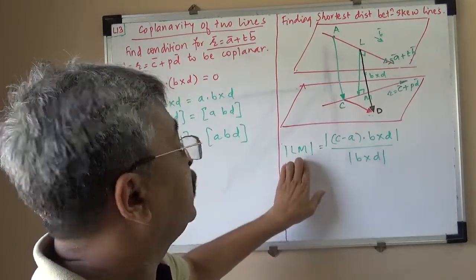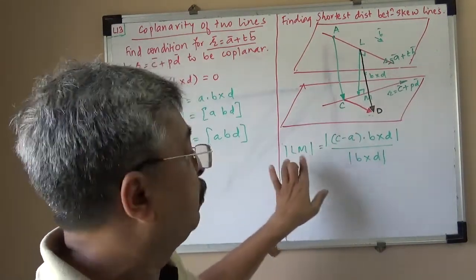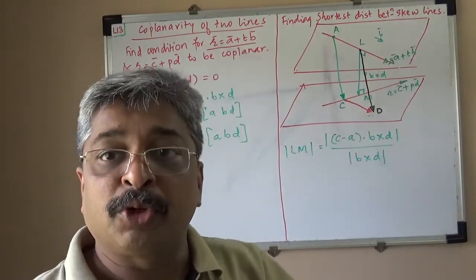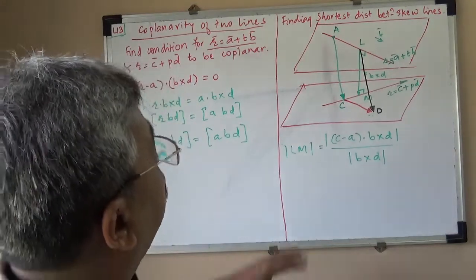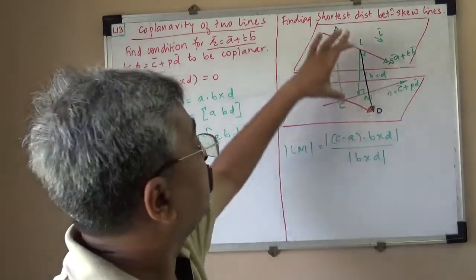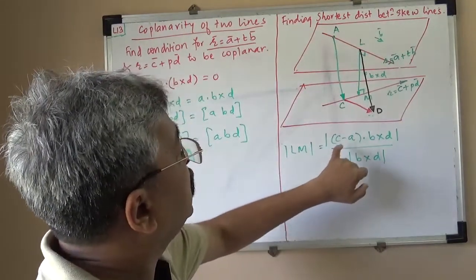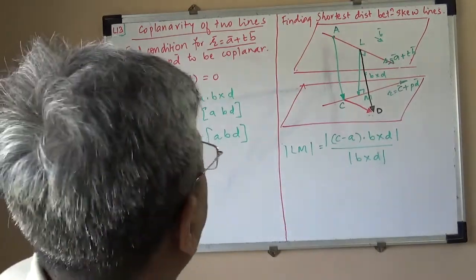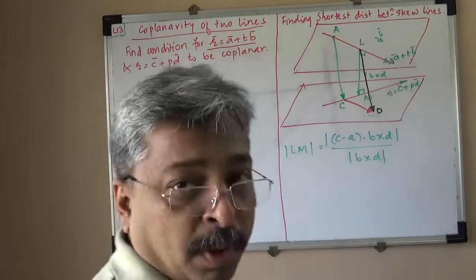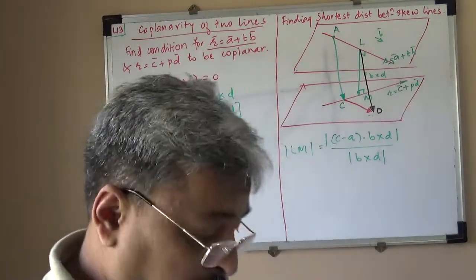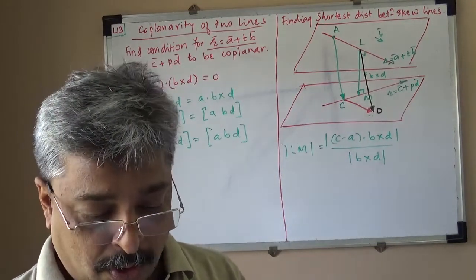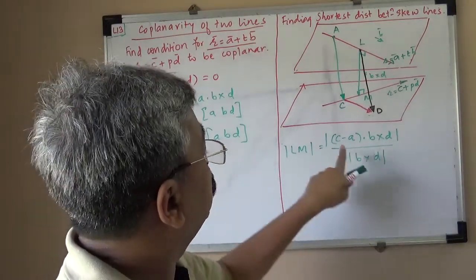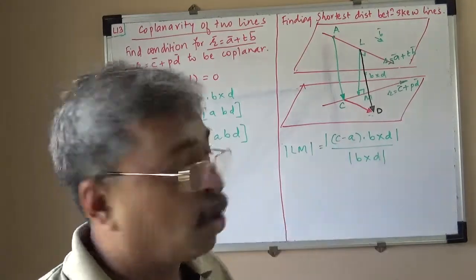Otherwise this distance will be unnecessarily multiplied by some scalar, because when you are taking a projection, if the vector on which you are projecting is a unit vector, then you get the length of projection. So LM is equal to C minus A, that is this vector, taken dot product with B cross D made unit vector. Hope you have understood this. Now, distance LM, if you expand this, you can express in terms of box CBD minus box ABD.